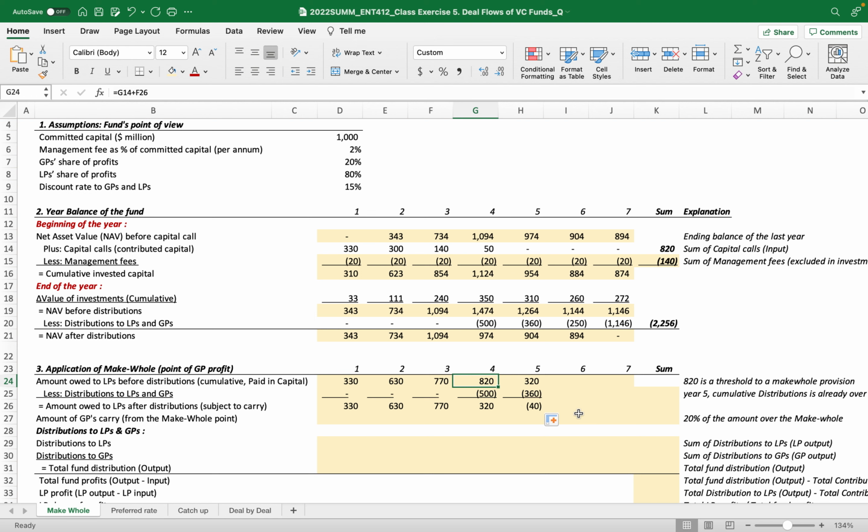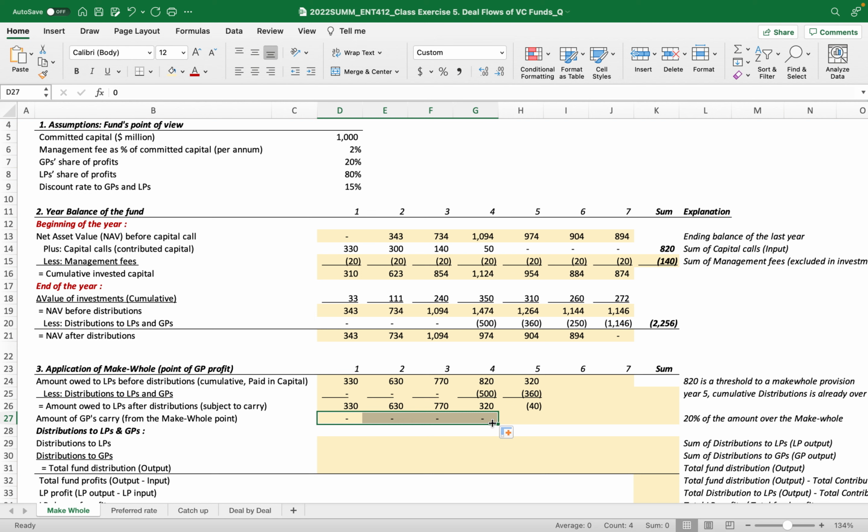Okay, then let's go here. We also need the amount to carry, because at this point we need to distribute the GP's carry. Here it is 0. Definitely just 0, right? Because before the 820 is fully recovered, those are just 0, 0, 0, and this here is also 0.